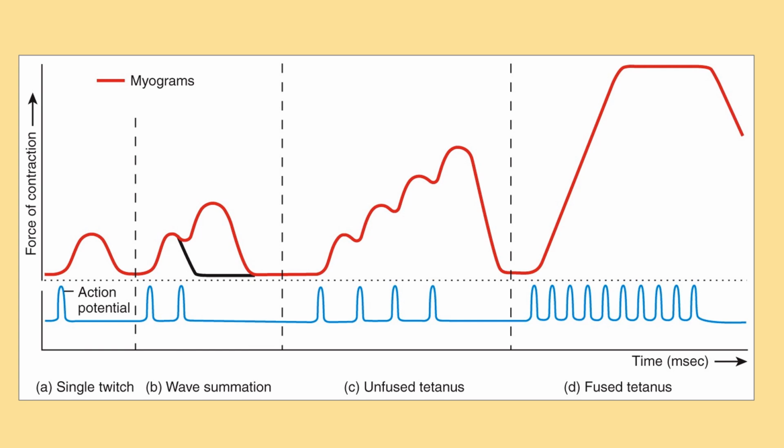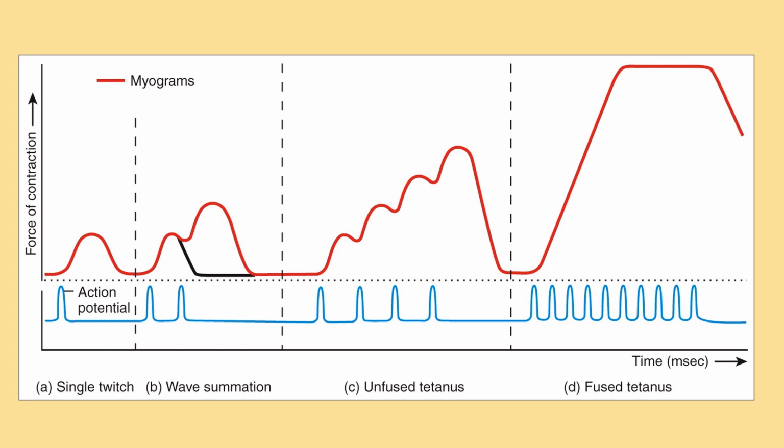So we have this sort of humped-like shape to the graph. Let's move over to panel D, which is fused tetanus. Look at the frequency with which the muscle action potentials occur there. They occur much more frequently. So there's a shorter space of time from one action potential to the next. And what that leads to is the pattern of contraction that we see in the red line.